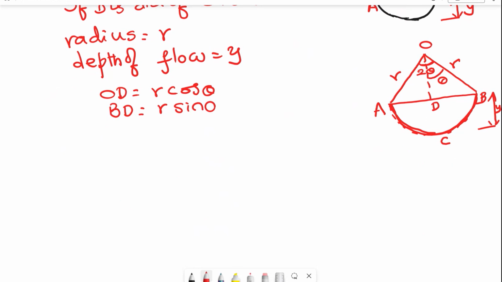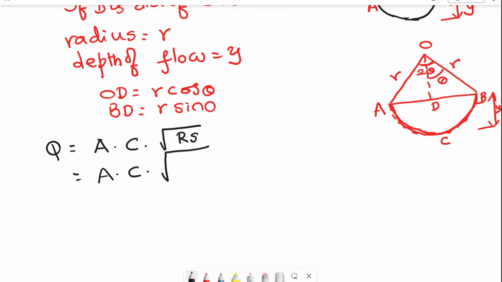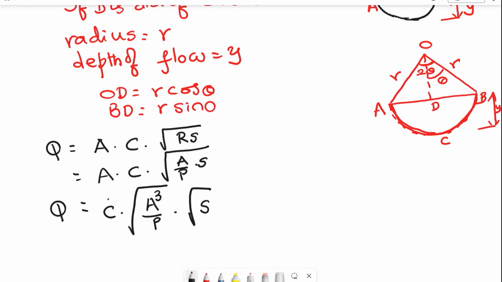So first thing, the discharge Q is equal to A into C into root RS. That is equal to A into C into root of R, which is A by P, into S. Right? If now I take C into this inside, it is A cube by P into root S. So this is constant.